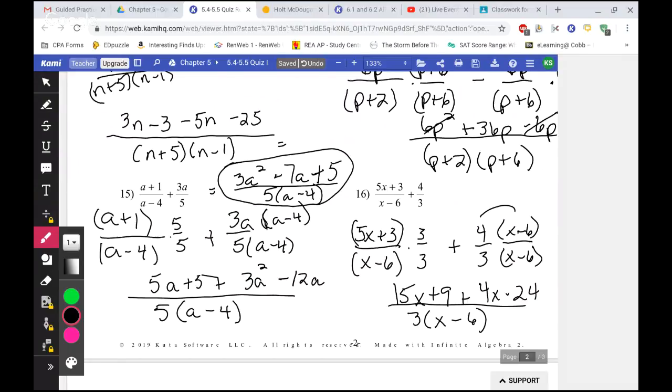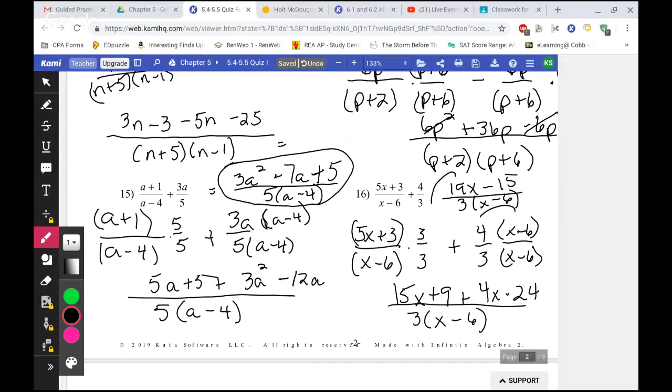Combine like terms. So it's going to be 15x plus 4x. So that's going to give me 19x. And then 9 minus 24 is going to give me a minus 15 all over 3 times x minus 6.